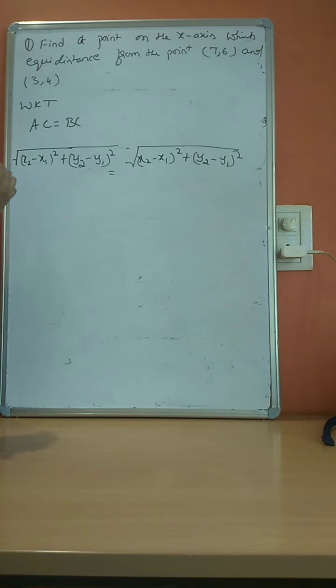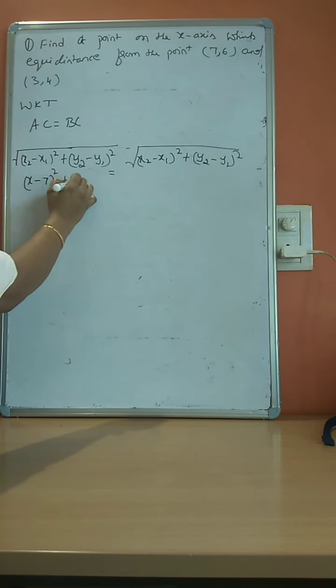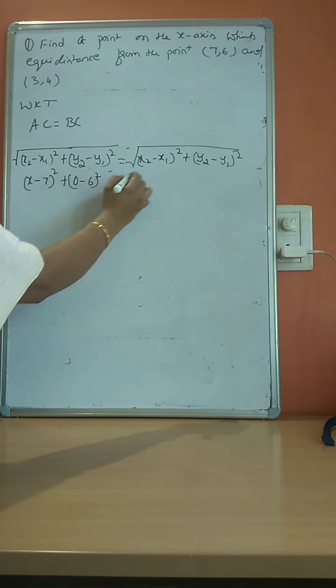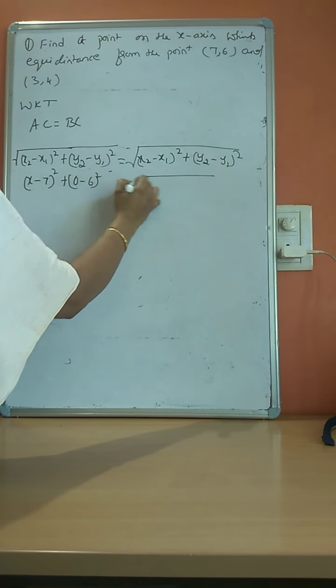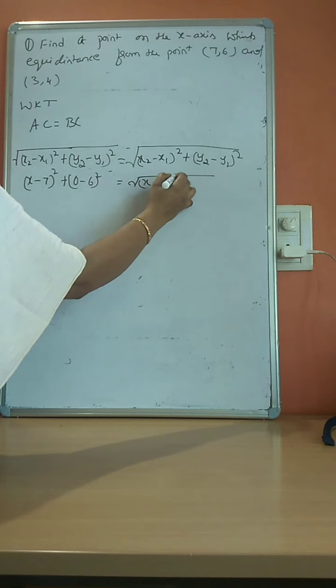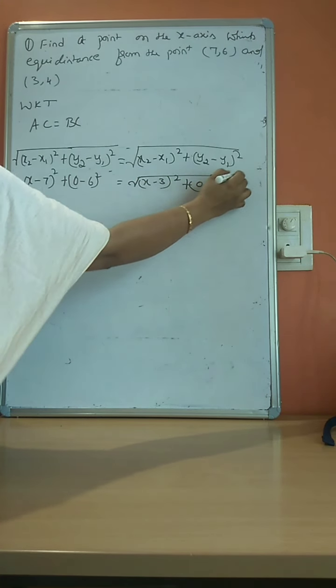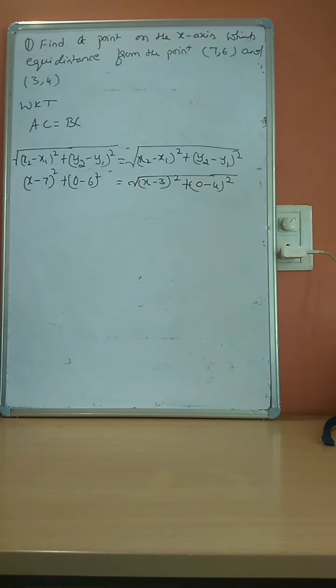Okay na? So the points ಇಲ್ಲಿ root of x minus 7 whole square plus 0 minus 6 whole square is equal to root of x minus 3 whole square plus 0 minus 4 whole square.